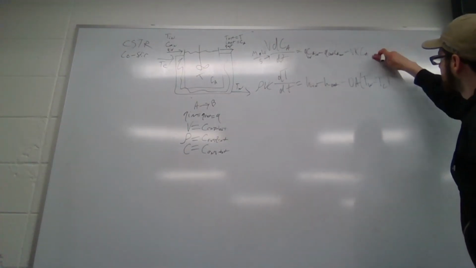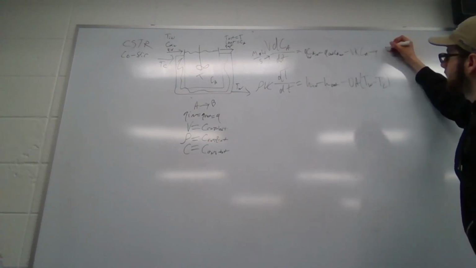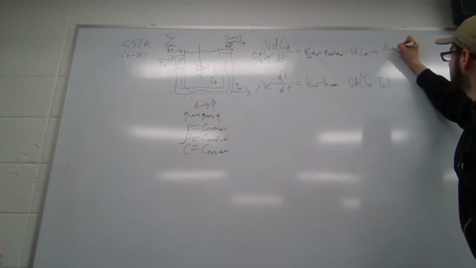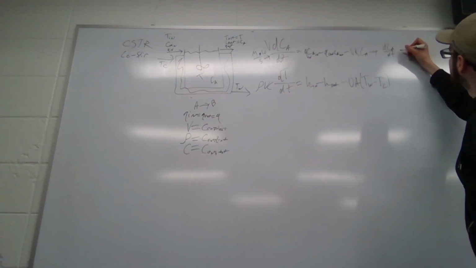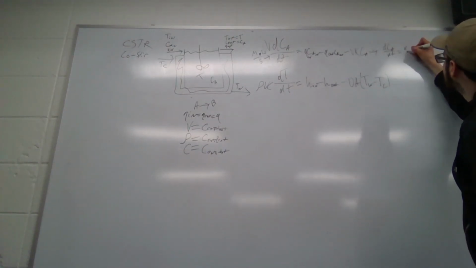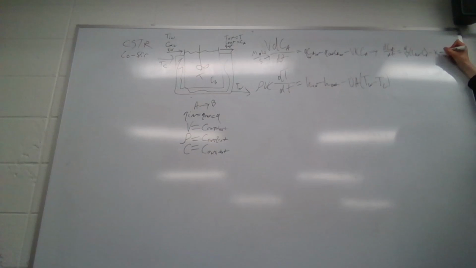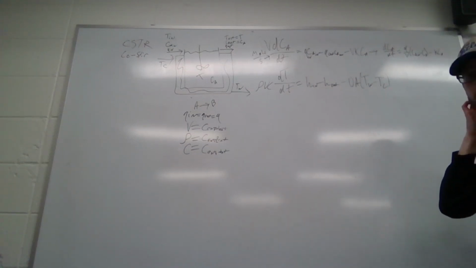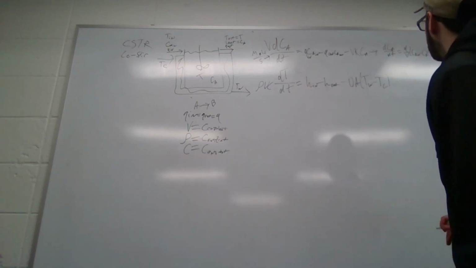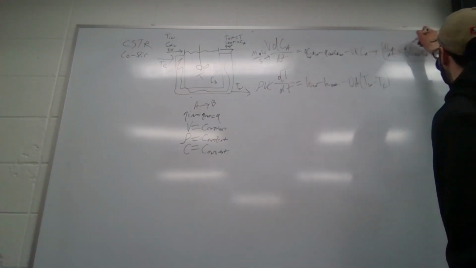So dCA over dt is equal to Q over V times the concentration in minus the concentration in the tank, because that's the same as the out, and minus just rate times the concentration, because it's a first order reaction, just simple A to B. So there we have done the material balance.